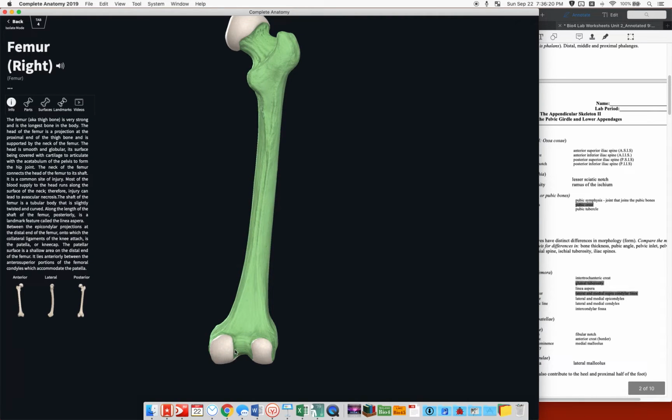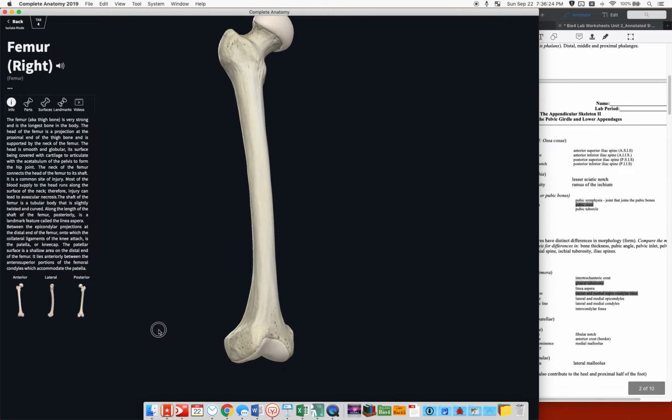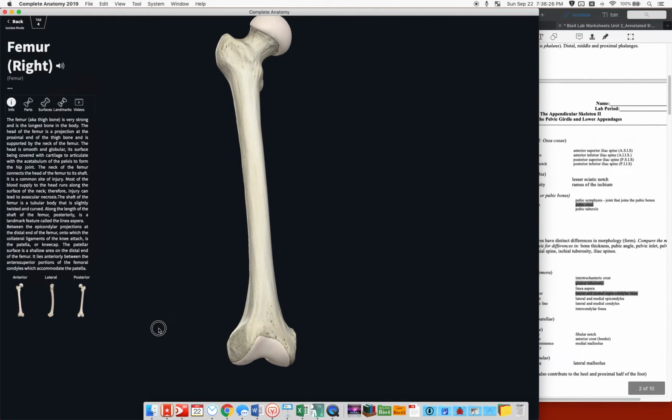So if these are the condyles, again, you first have to be able to tell if you're looking at the front or the back. So this is the front. That means this is medial, this is lateral, because whichever side the head is on has to be medial. The body's right here, so this is the medial epicondyle and medial condyle. This is the lateral condyle, and the epicondyle is right next to it.